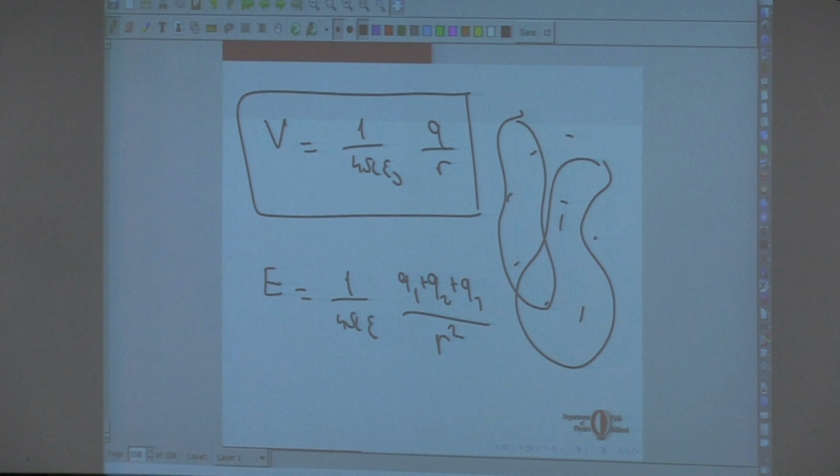Whenever you see such a formula, remember its history. What does it mean? It's not just some symbols over there. They correspond to some physical property in the real world. When you say V is equal to 1 over 4 pi epsilon 0 q over r, you are talking about a point in space.